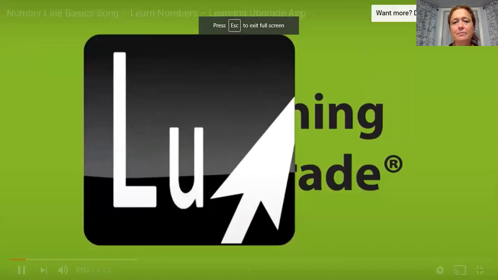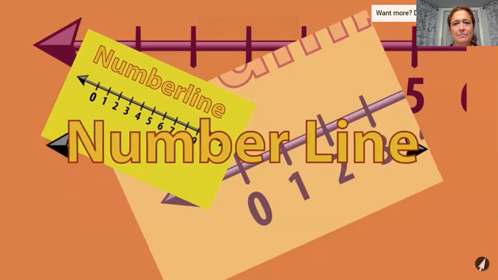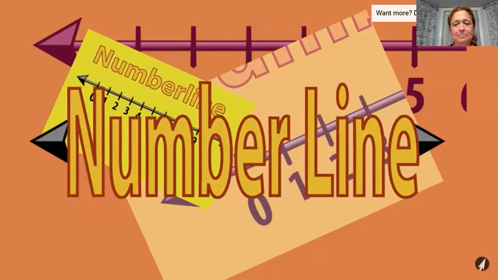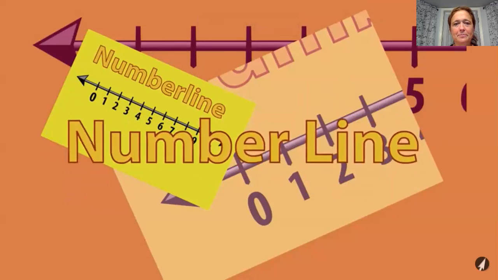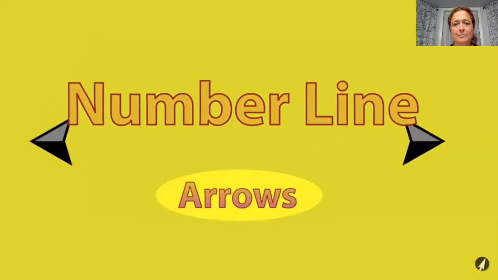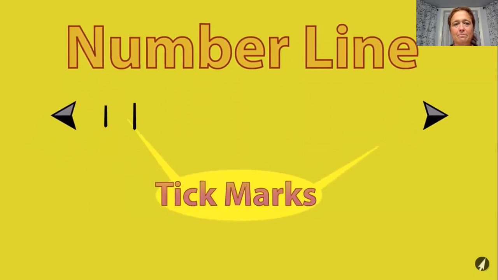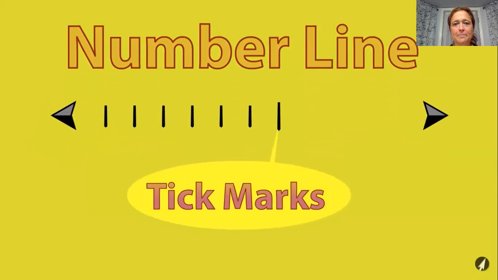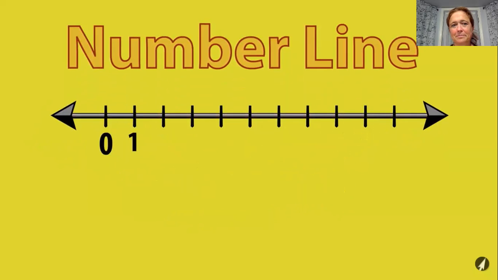Learning upgrade. A number line has arrows on both ends and tick marks for each number value. 0, 1, 2, 3, 4, 5, 6, 7, 8, 9, and 10.